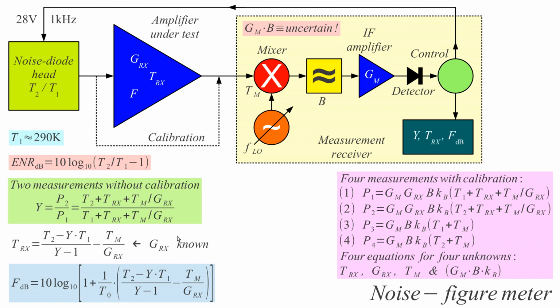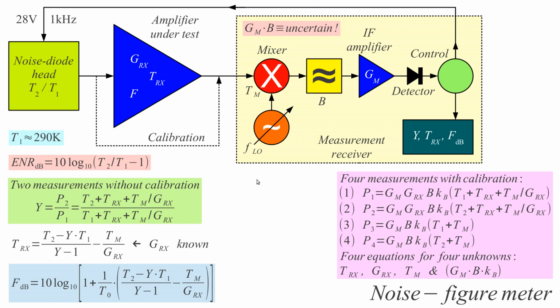So if we know the gain of our amplifier and the noise temperature of our measurement receiver, this is all solved. We can get the temperature of our receiver from this measurement if we invert this formula, or the noise figure in dB if we know the gain of our measurement sample and the temperature of the receiver.